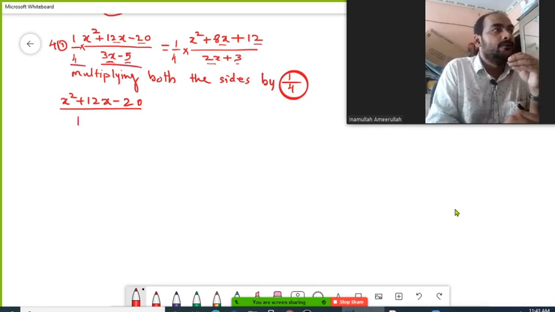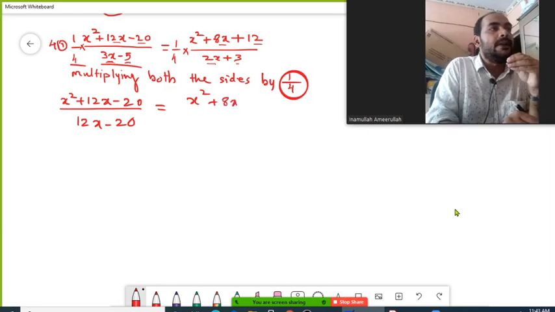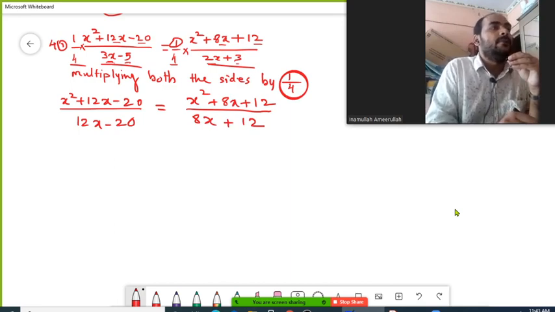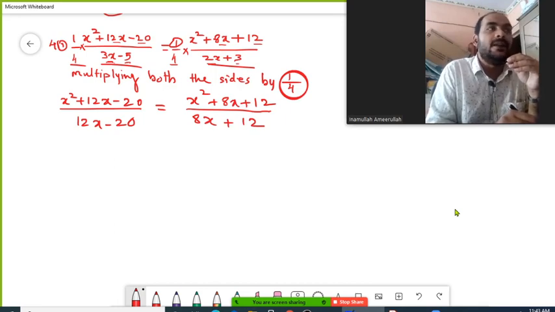So 4 3s are 12x minus 4 5s are 20 is equal to x square plus 8x plus 12, because the numerator is multiplied with 1, so there will be no change in the numerator. Denominator will multiply with 4, so 4 2s are 8x plus 4 3s are 12. So after multiplying both the sides by 1 by 4, this is your resulting equation.